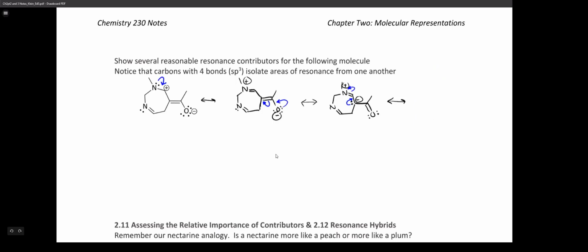All right, so let me do it this way. 7-membered ring. 1, 2, 3. No, this won't work. Drawing this feels wrong. Huh? Yeah. Drawing this feels wrong. No, I mean, this is a totally normal case. It's just really hard to do without nice software to draw the 7-membered rings the way we want, because drawing 7-membered rings just feels unnatural.